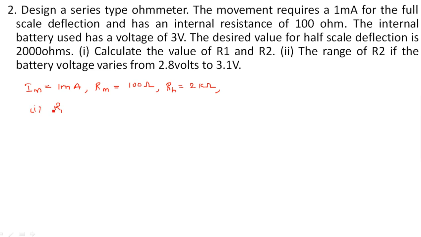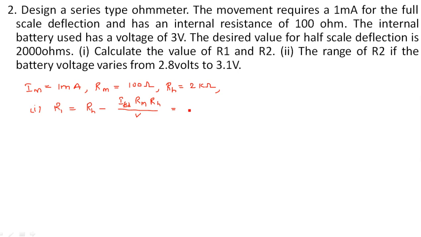First, R1 is equal to, what is the formula of R1? RH minus IFSD RM RH divided by V. So if you substitute all this, you will get R1 is equal to some 1933.